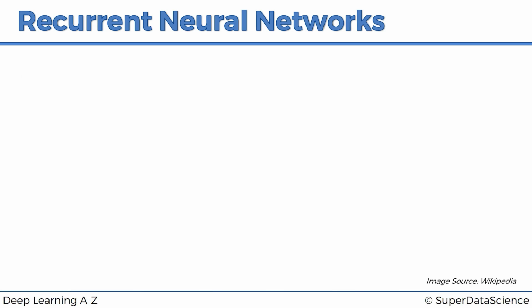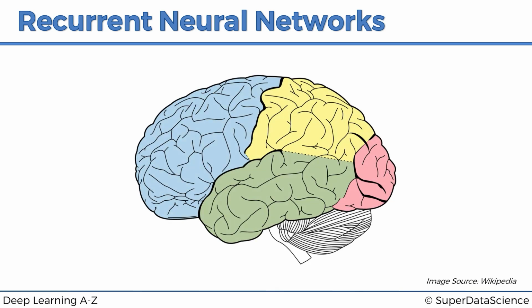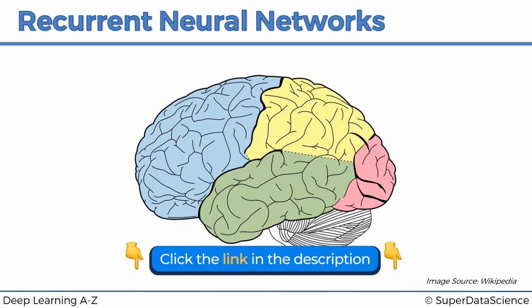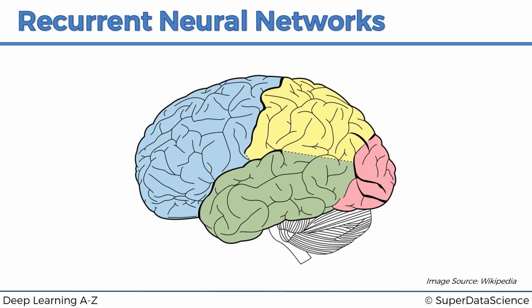All right, so now that we know where we are on the map in terms of the list, let's have a look at where we are on the map in terms of the human brain. And why are we doing this? Why are we looking at the human brain as if it's a map of the world? Well, the whole concept behind deep learning is to try to mimic the human brain, get similar functions to what the human brain has, and leverage the things that evolution has already developed for us.